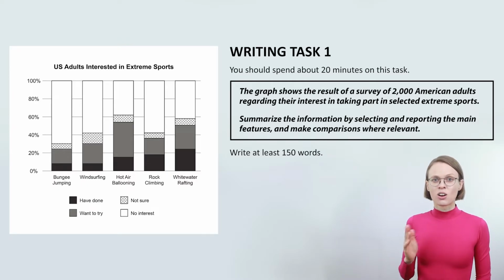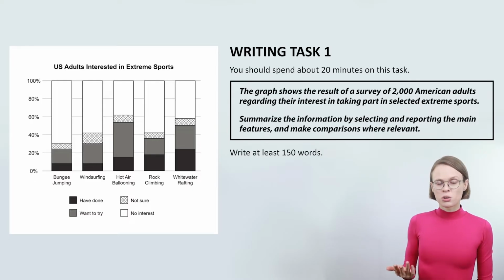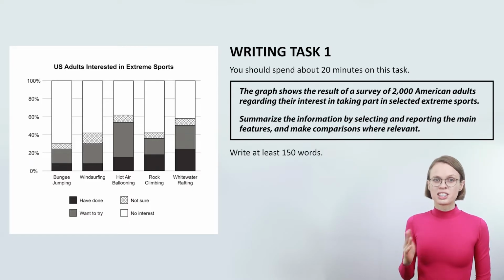Like I said, all of that can be overwhelming, but let's go one step at a time, beginning with the prompt. There is always a statement or two describing the chart. In this question, it's one sentence. The graph below shows the result of a survey of 2,000 American adults regarding their interest in taking part in selected extreme sports.